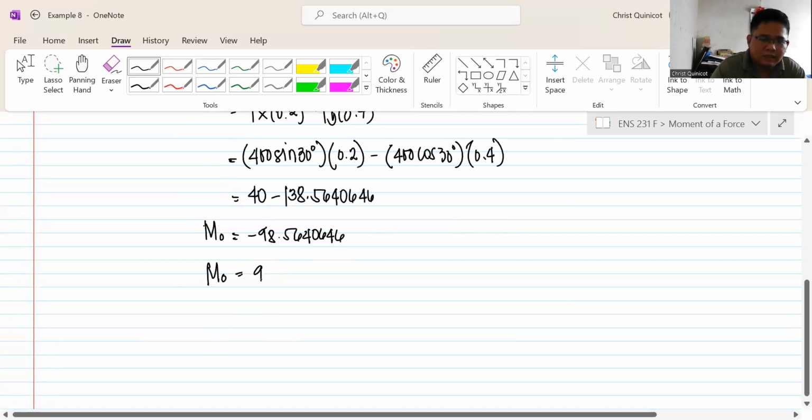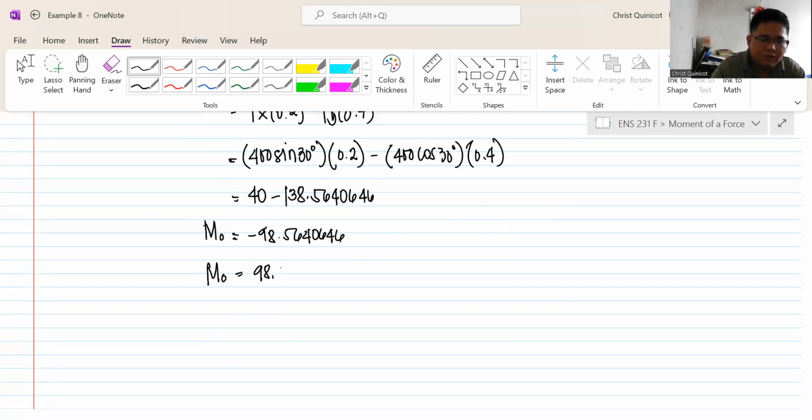So that is 98.5640646 Newton meter clockwise.